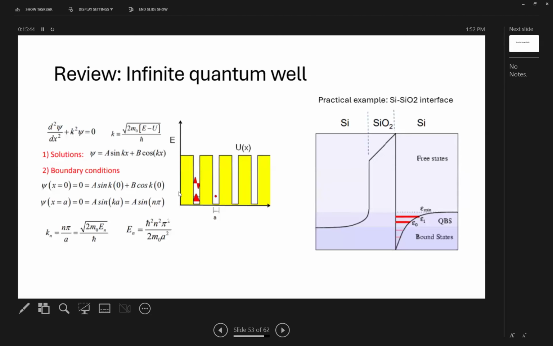Okay, but the basic idea remains the same, that no matter what, the electron's wave functions must be some stationary specific values. Okay, either it will look like this or it will look like this, and so on and so forth. So in case of the silicon dioxide silicon interface, the triangular well will create certain energy states, and electrons can only remain within those energy states.